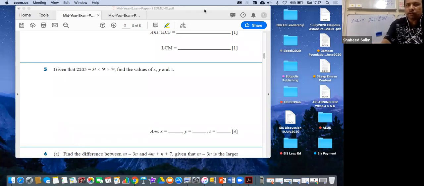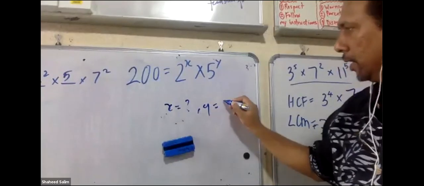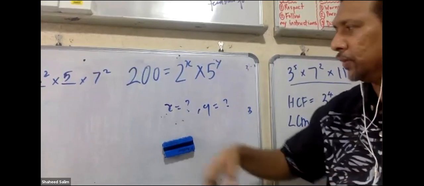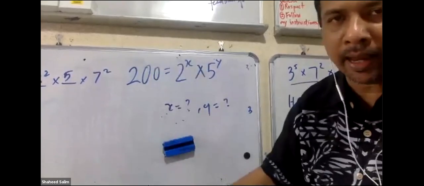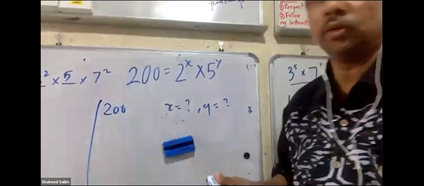Can you see now? Yeah. Find what is x, what is y. You do first. You know what to do, right? You draw that line and then you do like this.